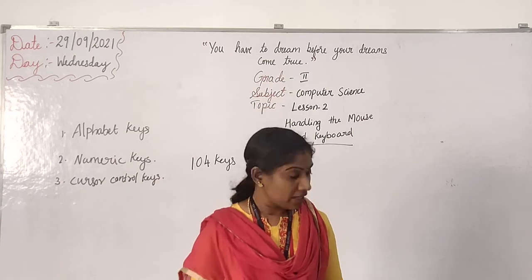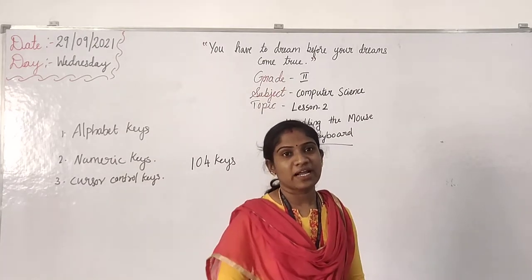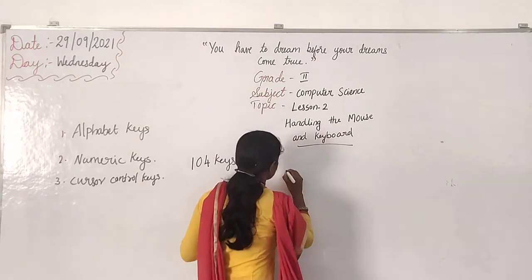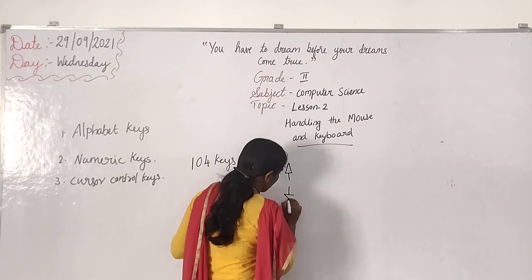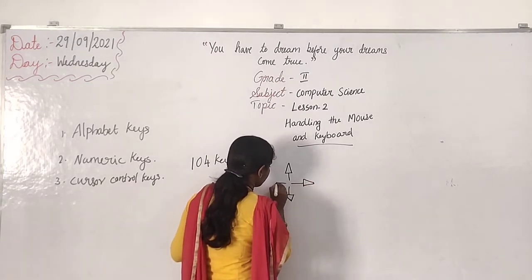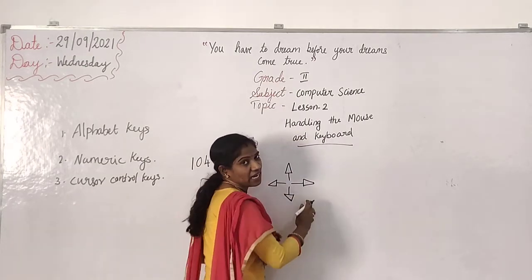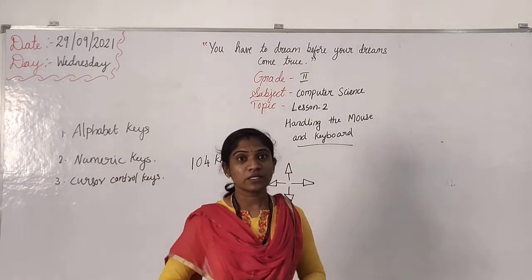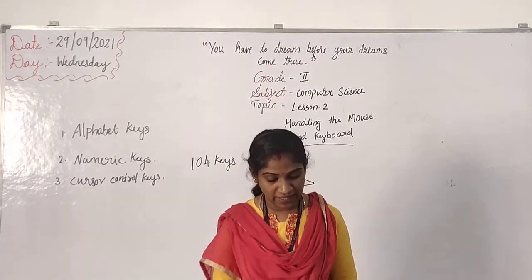The keys used to move the cursor up, down, left and right. This is the arrow key, or cursor control keys. We have four arrow keys.